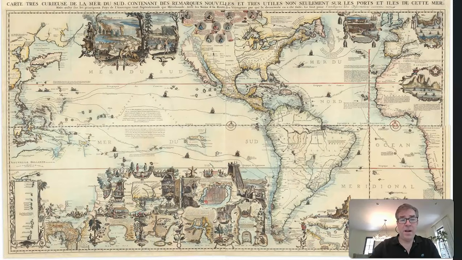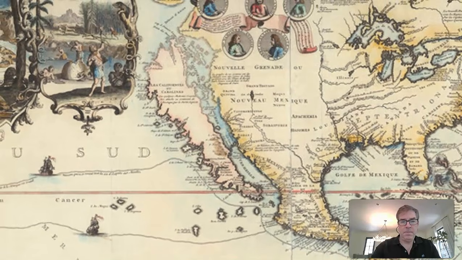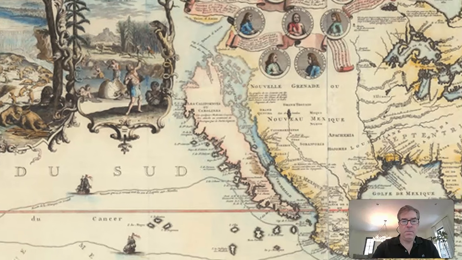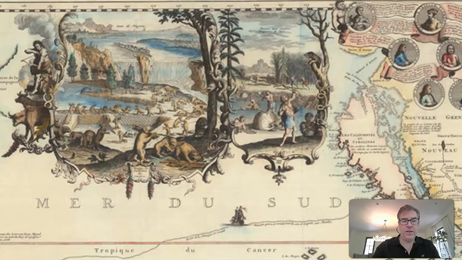And one more from that time period. And you can see again, California is an island, but now, as it's getting later in the early 1700s, you begin to see pictorials in this area. And as we'll see, suddenly this region became unknown.